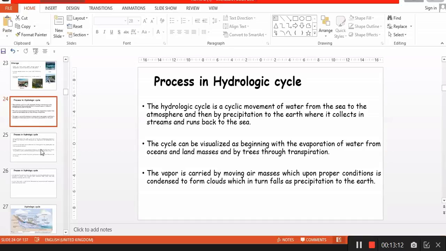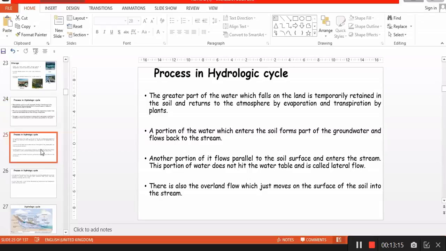Okay, with that note, I will move to the next one. These are some points we have already discussed. I will just explain these points for your reference. You just have a look at it. The greater part of water which falls on the land is temporarily retained in the soil and returns to the atmosphere by evaporation and transpiration by plants. We have already discussed, right?